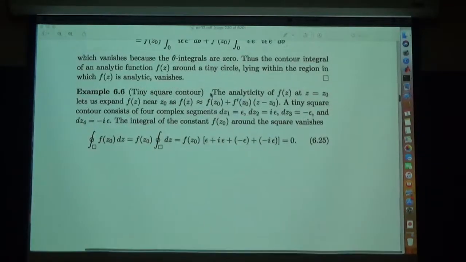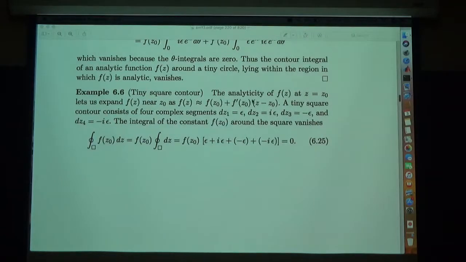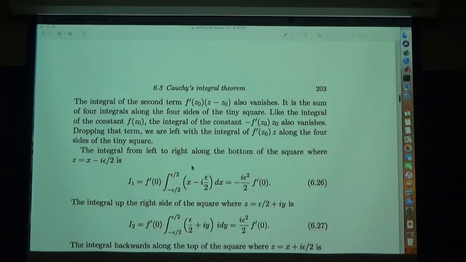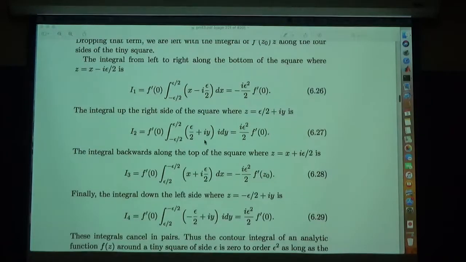What we're doing there, you see, is z minus z0 times f prime. So this is z minus z0, and z is epsilon over 2 plus iy.